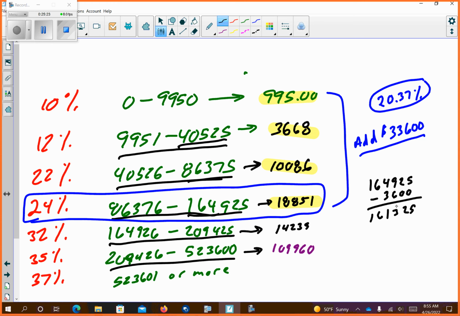523,161. Okay, so take this value here and subtract it from this.